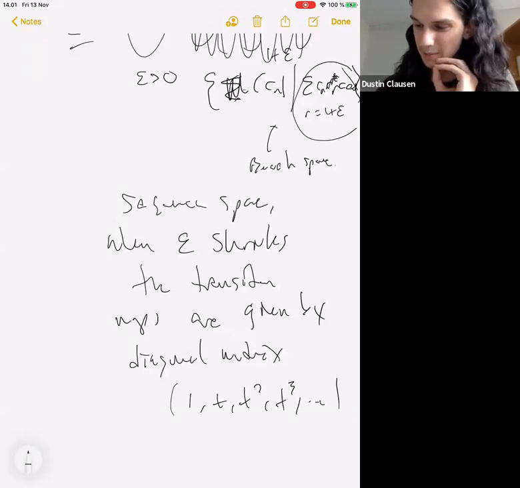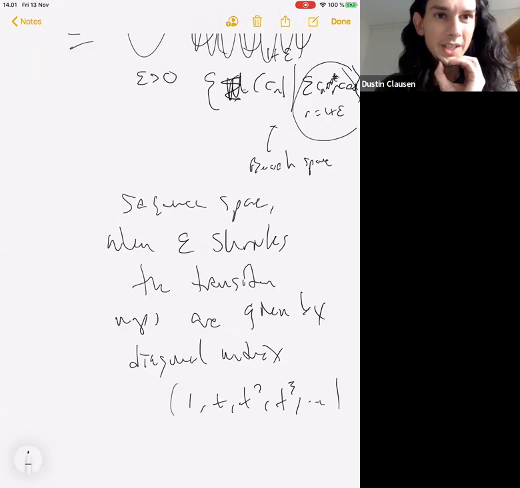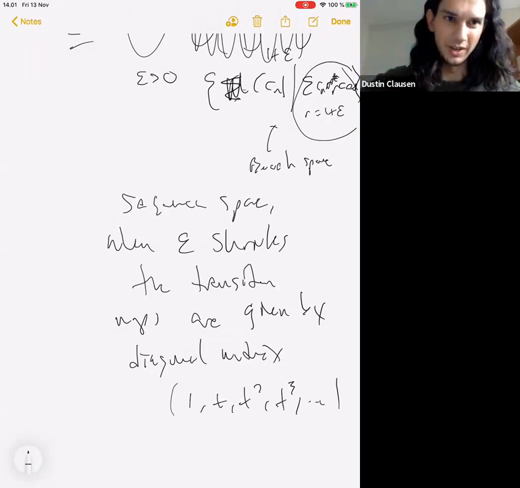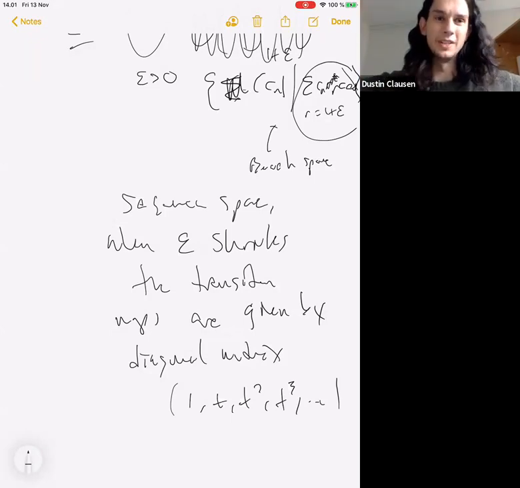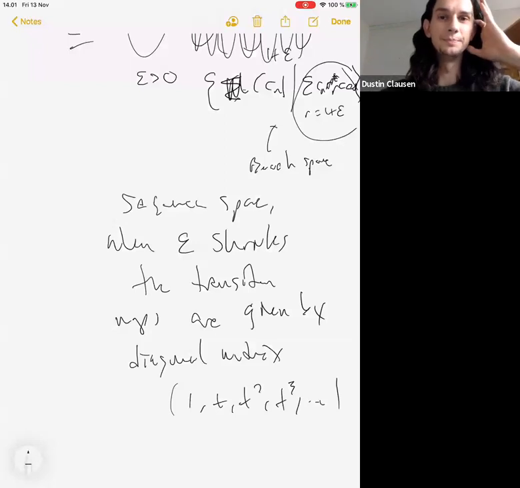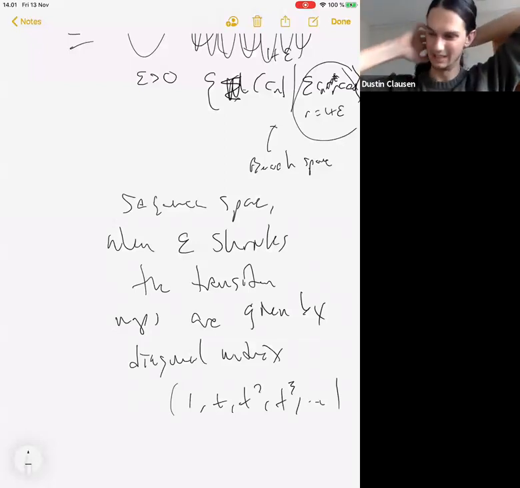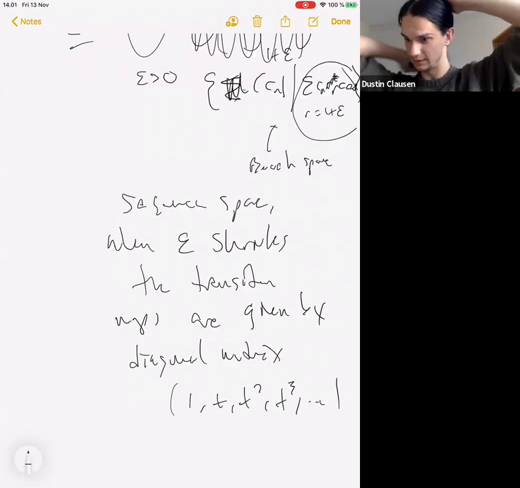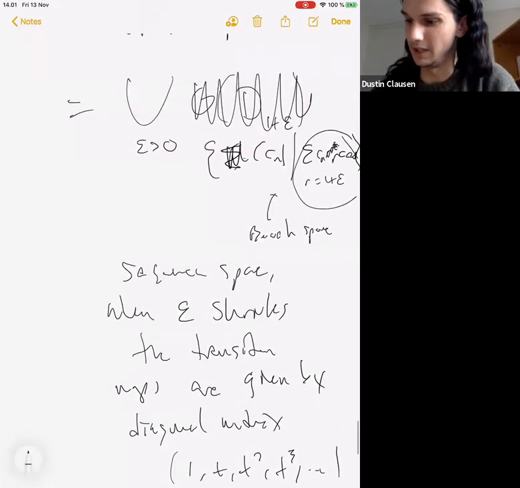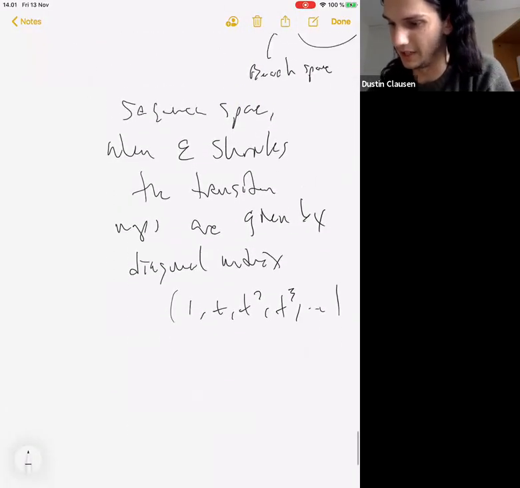You're multiplying by some decreasing sequence, and sequences which decrease like powers of something are always p-summable for any p. So these transition maps are a basic example of a trace class map.